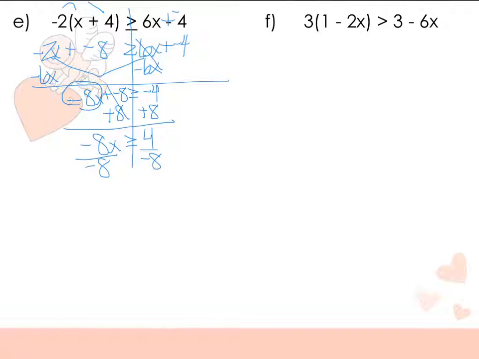So bells and whistles should be going off, because you're going to flip that inequality sign because you divided by a negative. So you end up with x is less than or equal to, if you do it as a fraction, negative 1/2. Or if you leave it as a decimal and put negative 0.5, that's totally fine with me. Here's our solution.